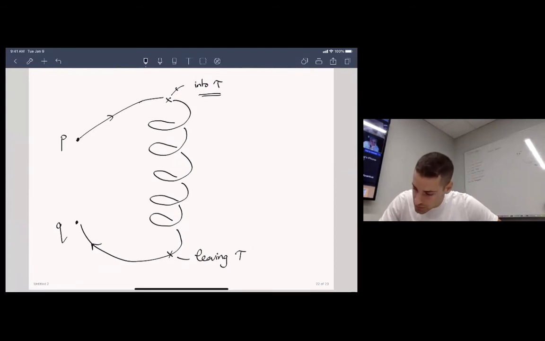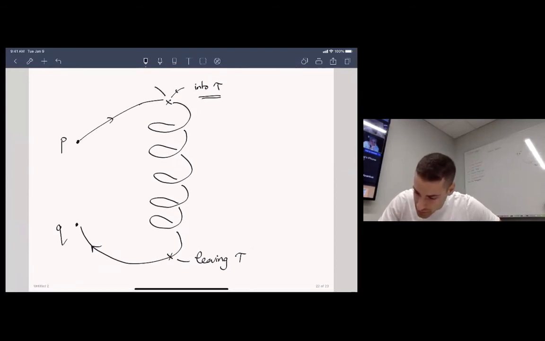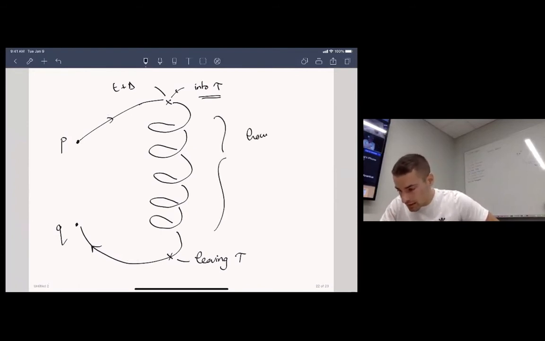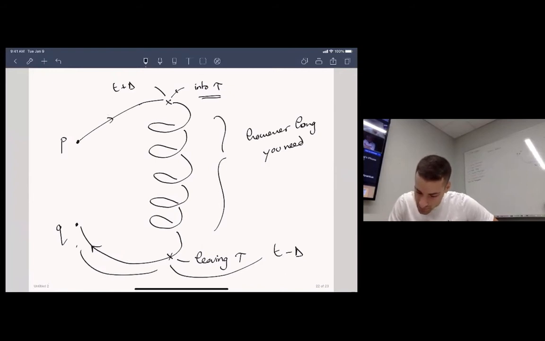So here your time parameter is now t plus delta. Then you travel however long you need, so that when you leave the donut, your time coordinate is now, say, minus delta. And then this part is roughly delta.